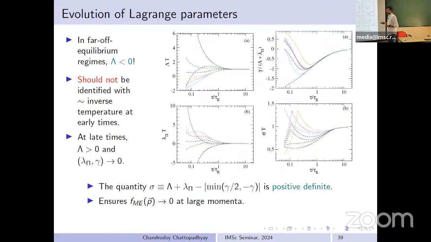So, okay, I would quickly point out this feature that was already pointed out, that in far off-equilibrium regimes, this lambda need not play the role of an inverse temperature. In fact, it can even go negative. But that does not mean that the distribution function becomes ill-defined.